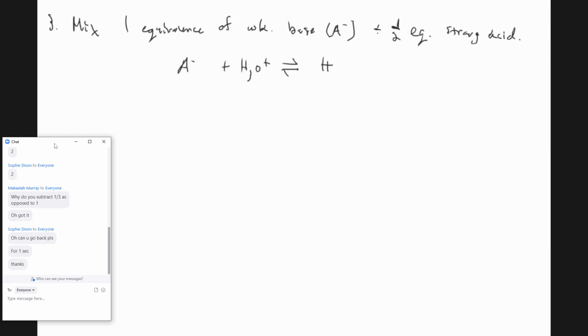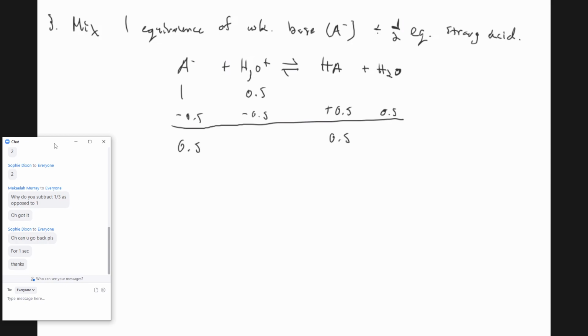It's going to give us our conjugate acid plus water, right? So 1 mole of this, half a mole of this, subtract half a mole, subtract half a mole, add half a mole, add half a mole, sorry, 0.5. So you have 0.5 conjugate base and 0.5 of your acid again. This will be 0 left over, and you have half a mole's worth of water left over, right?